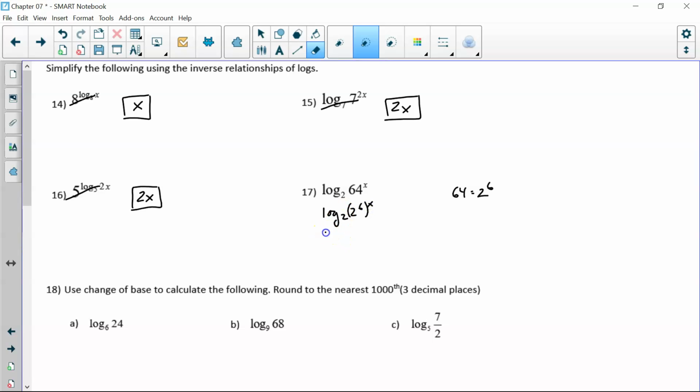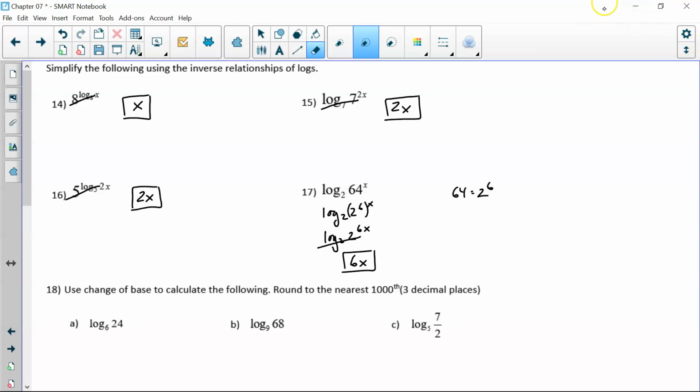Using our exponent rules, it's log base 2 of 2, and then multiply those exponents, 6x. Now that the base of the log and the base of the exponential are the same, they undo each other. We're left with 6x, and there is our answer. You want to see if the base of the log and the base of the exponential are the same. And if they are, they're inverses.